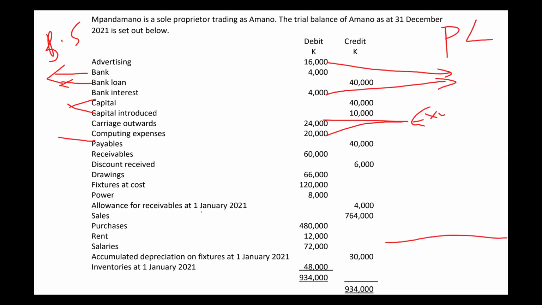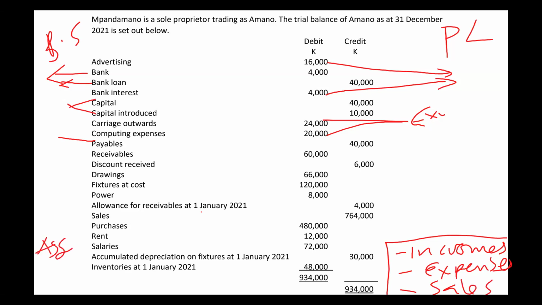Maybe just a simple guide. When you talk about profit and loss, the common elements you find there are what? Incomes or the gains and the expenses, right? Expenses and incomes plus sales or revenue, isn't it? These are what sit on the profit and loss.